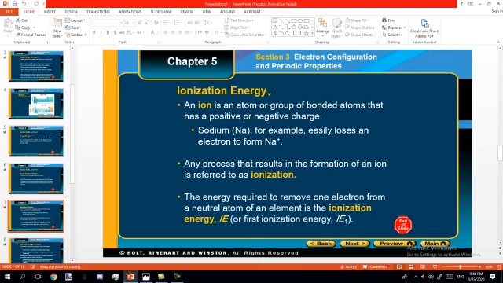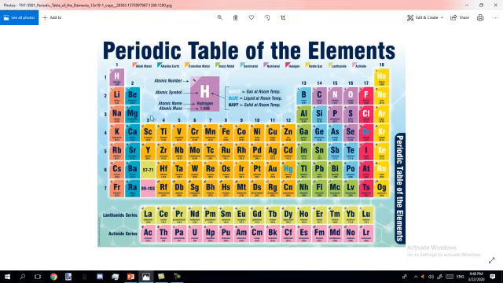So what is the gradation of the ionization energy inside the periodic table, down the group and across the period? Look here. When you see this first group or any group from up to down, we say that from up to down the size will increase. When the size increases and the atom becomes bigger, it will lose electrons easily. Why?